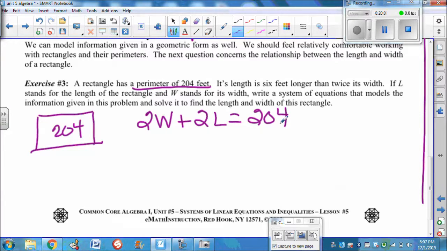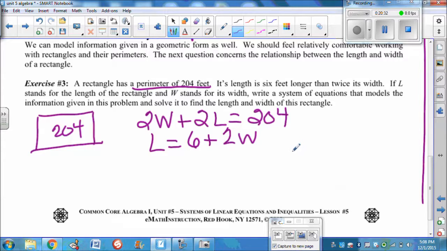Now it says its length is 6 feet longer than twice the width, 2W. And then it says, if L stands for the length of the rectangle and W stands for the width, write a system that models this information. So we just modeled that information.